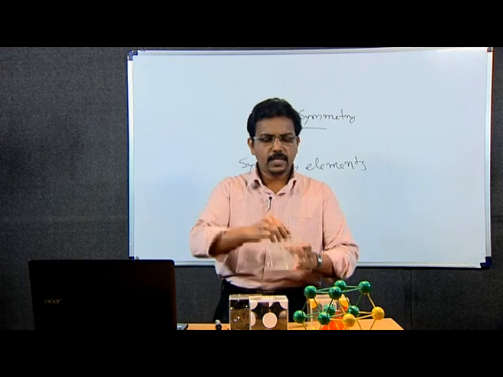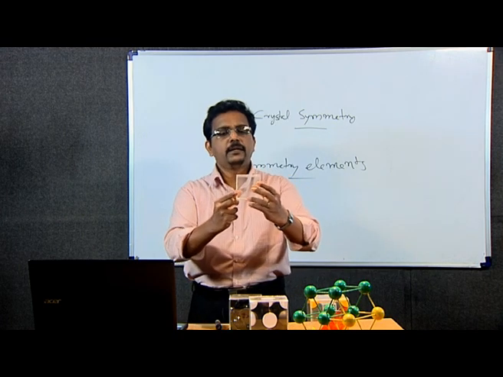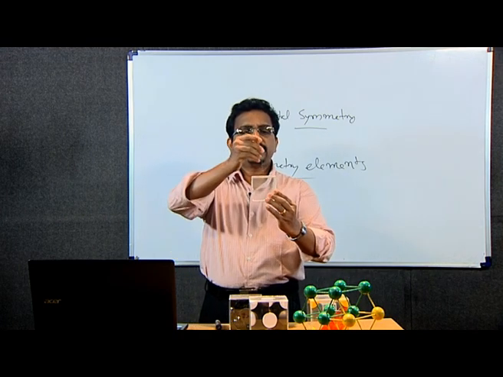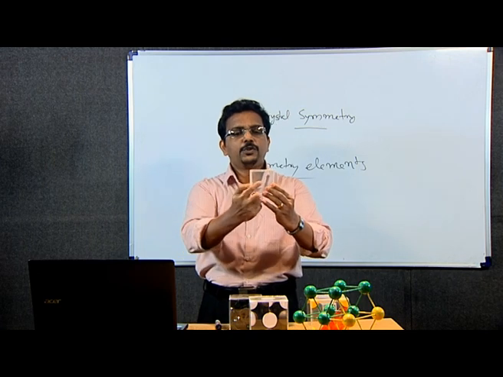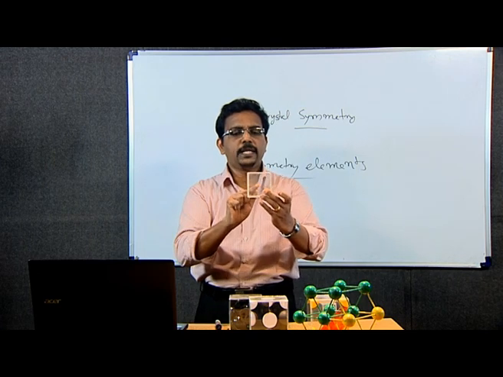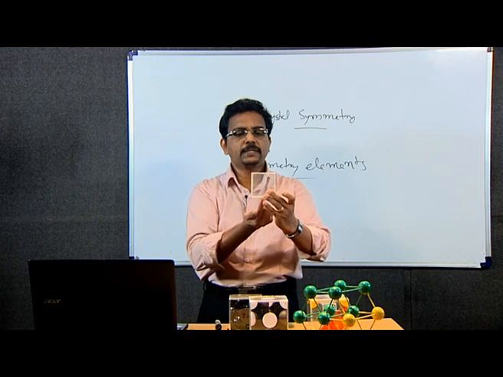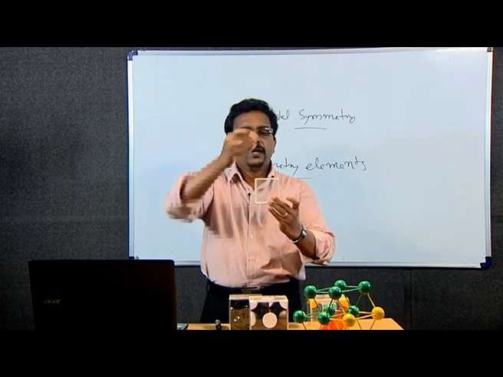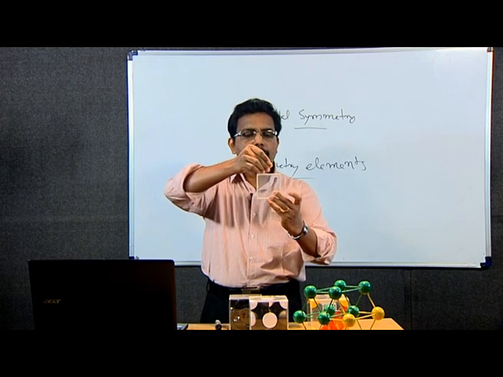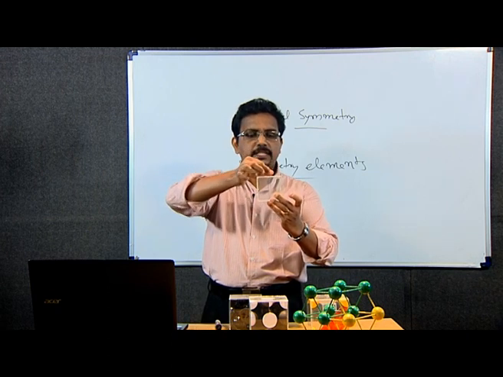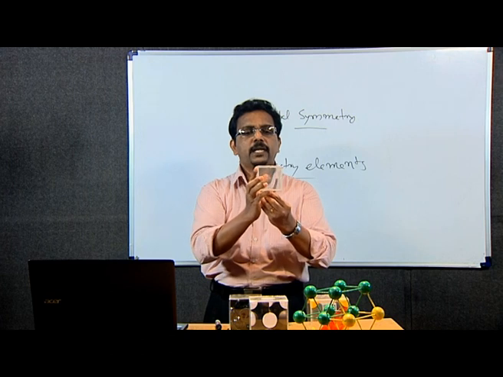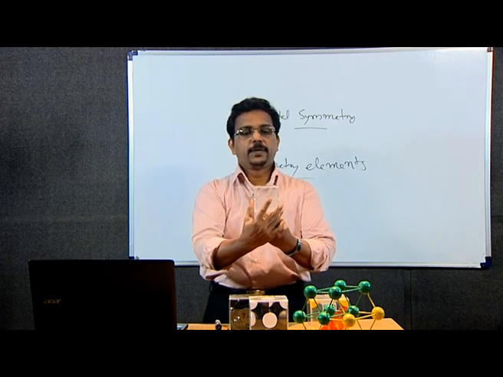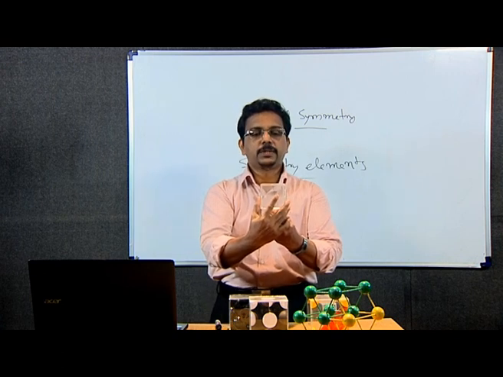If you look at this particular pattern, this is a cube, and in this cube there are 1, 2, 3, 4 planes and 2 opposite planes, a total of 6 faces. If you place an axis here and rotate about 90 degrees, the geometry is indistinguishable.